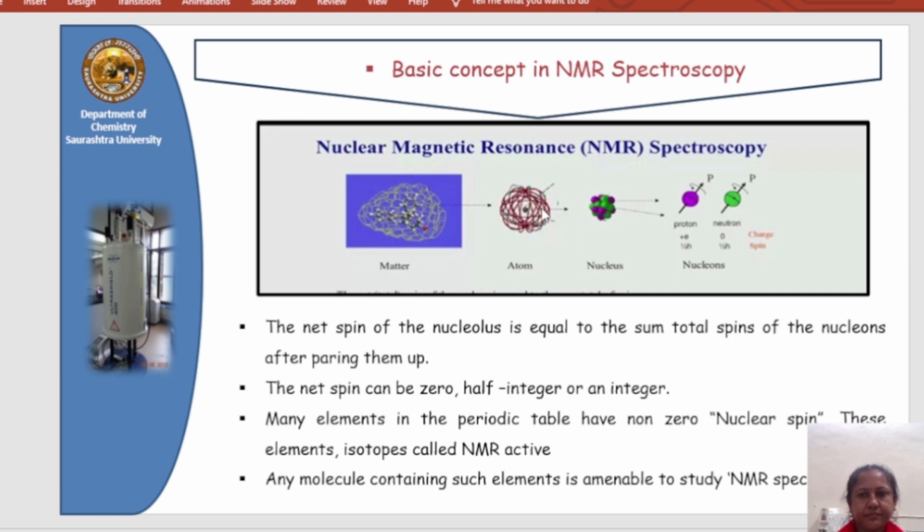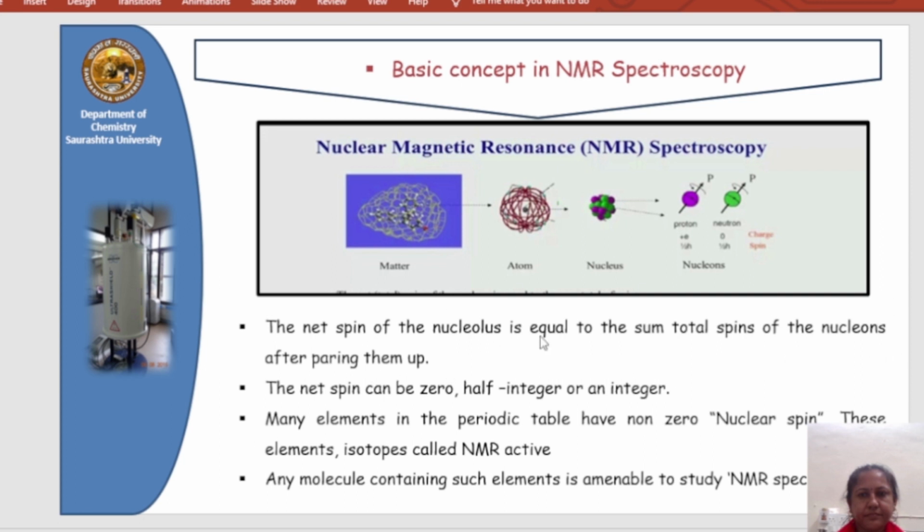Now this spin is deposited at the center of the nucleus, so overall nuclear spinning occurs, and the overall charge is positive. This type of nucleus is known as a spinning nucleus. The net spin of the nucleus is equal to the sum total of the spins of the nucleons, the protons and neutrons, after pairing them up.